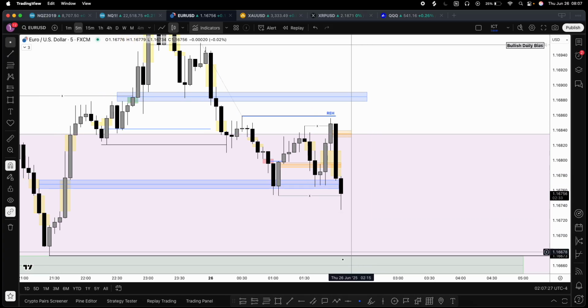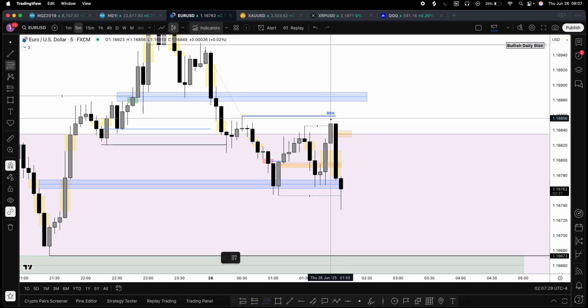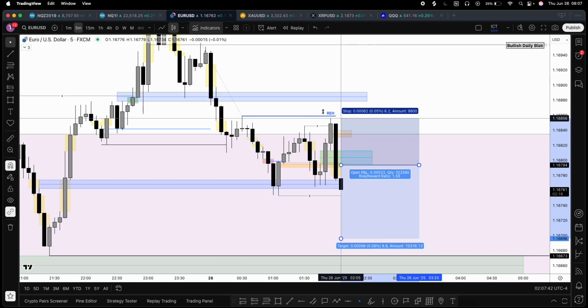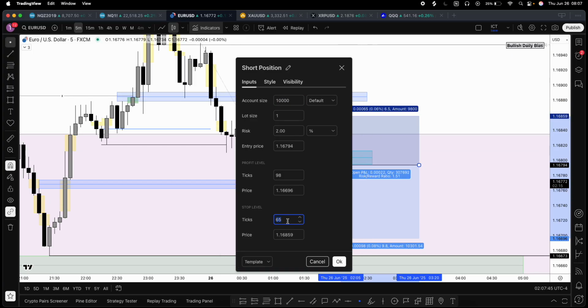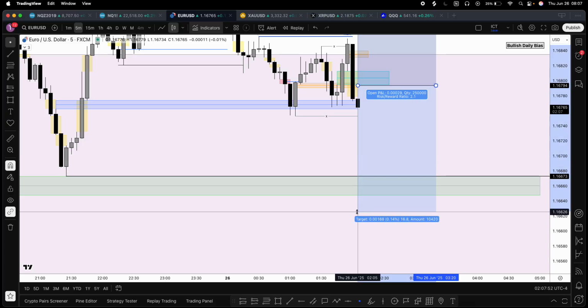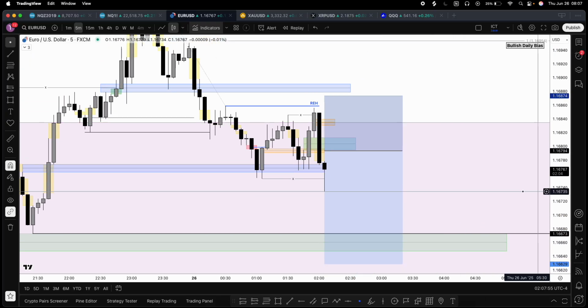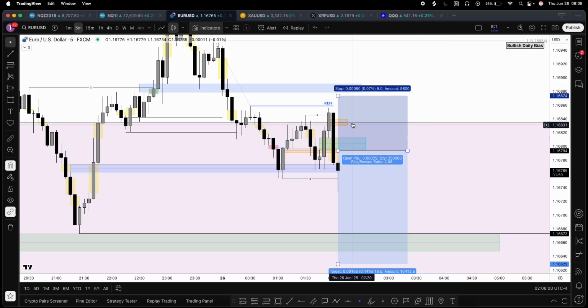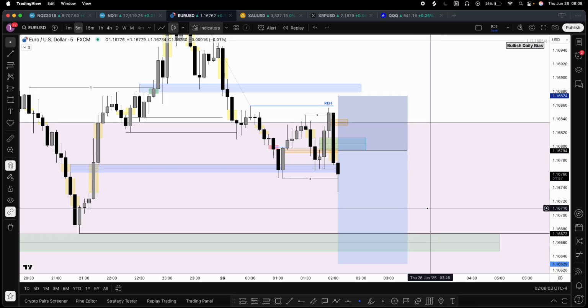So this is also a decent 5-minute entry model. So in this case you would enter here. But again, our stop has to be above these relative equal highs, which is a bit sketchy.